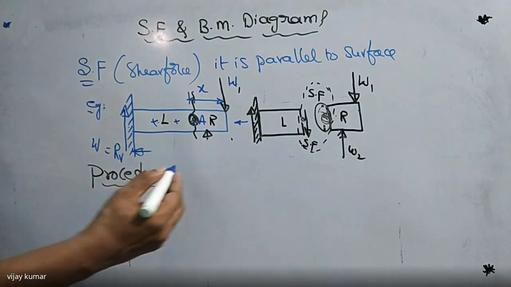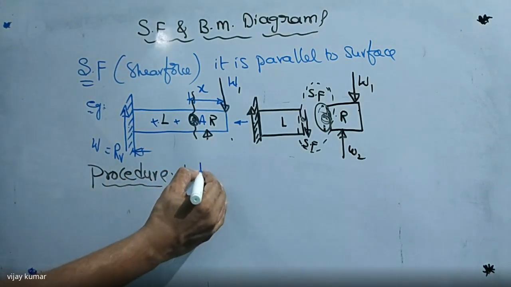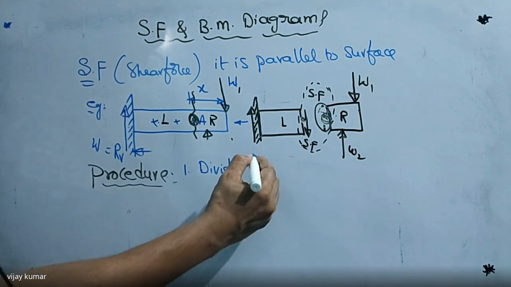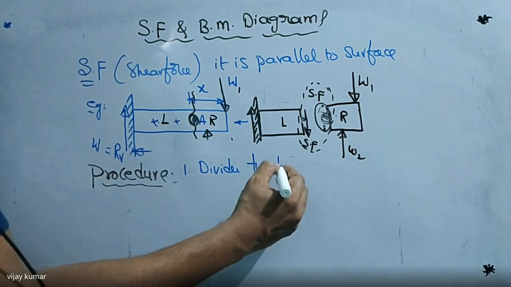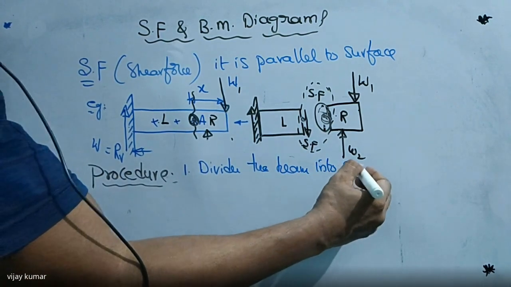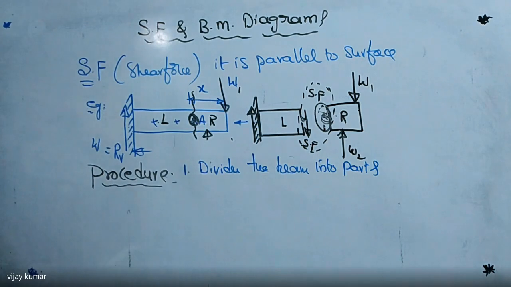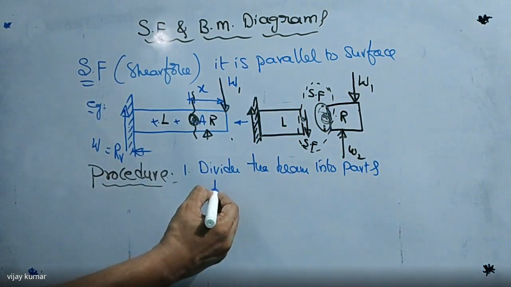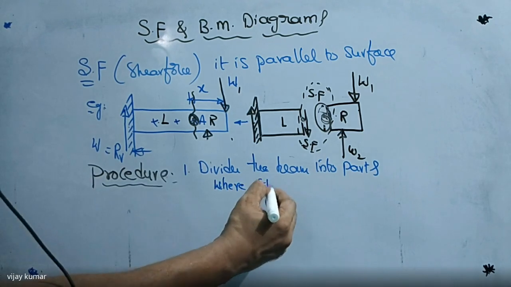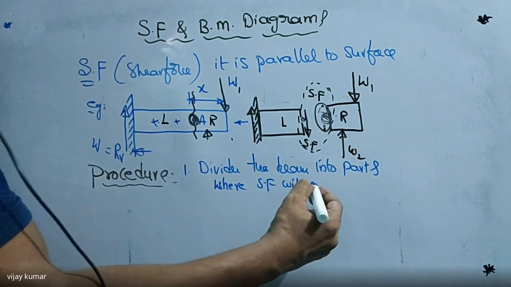First of all, first point, divide the beam into two parts where shear force will be found.